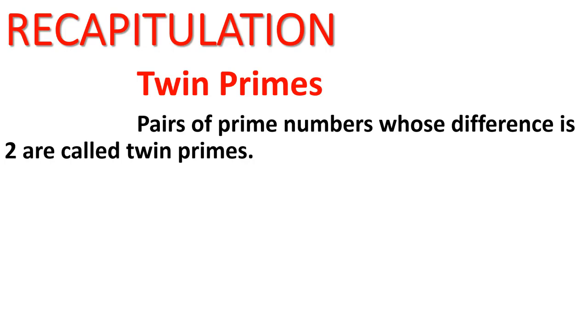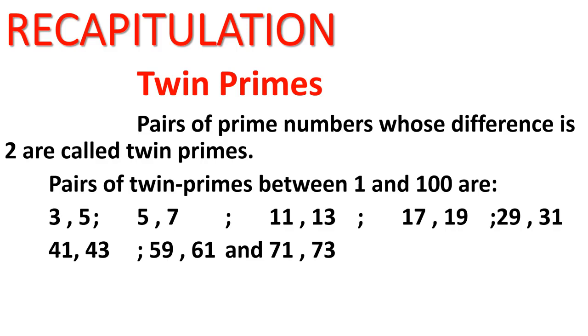Pairs of twin prime numbers between 1 to 100: 3 and 5, 5 and 7, 11 and 13, 17 and 19, 29 and 31, 41 and 43, 59 and 61, and 71 and 73.